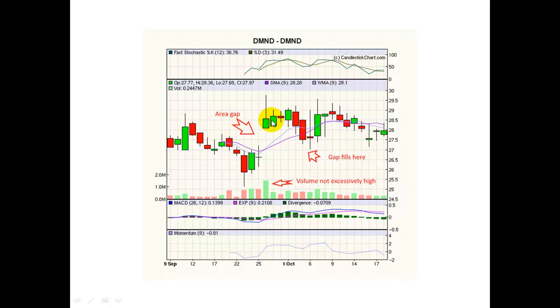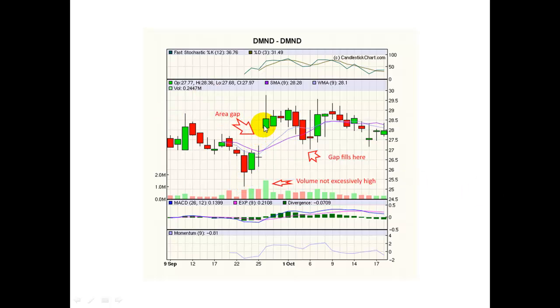When you short a stock, what you do is you sell it at that level with the promise to buy it back later. So let's say you sold it at about $29 and you bought it back when the gap filled. When the gap filled at about $27, you've made a nice $2 per share. So if you shorted 100 shares of stock, you've made $200.